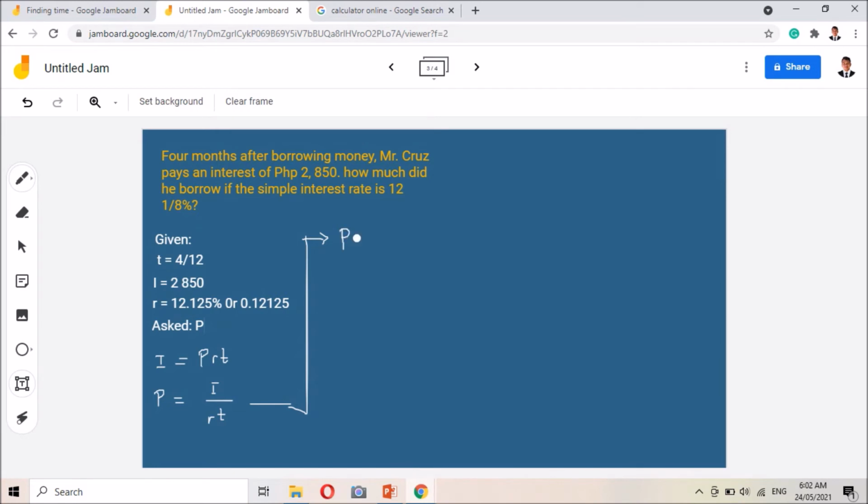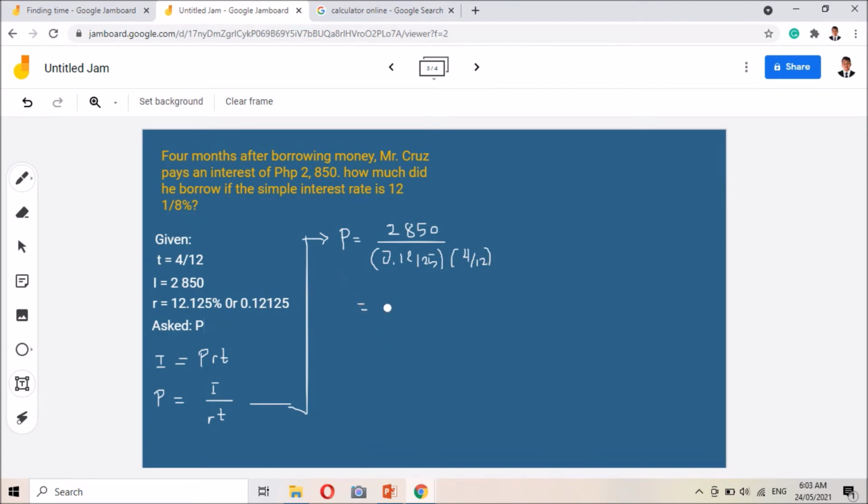Our principal is equal to interest, which is 2,850, over rate, 0.125, times time, which is 4 over 12.